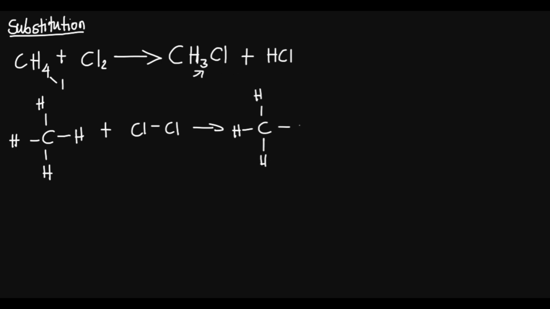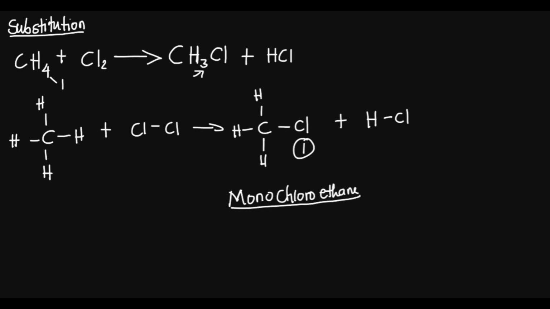Then here we are going to have this chlorine atom plus HCl. So here, since we only have 1, that's why we are calling this monochloromethane. If we had 2, we would have called it dichloro, 3 trichloro, 4 tetrachloro.